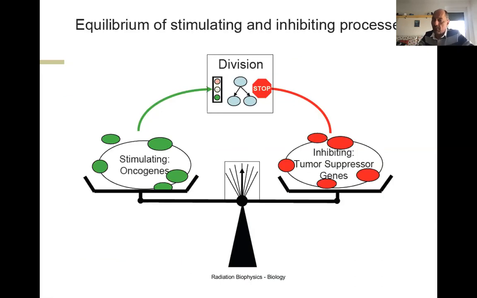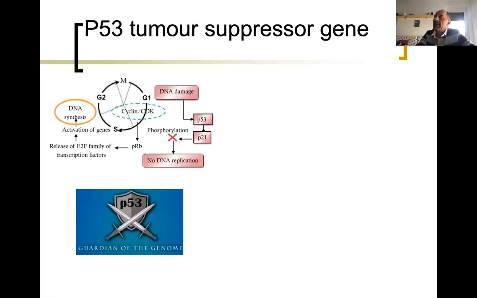One of the most famous tumor suppressor genes is actually a checkpoint gene, and it's called P53. P53 is very often called the guardian of the genome. P53 plays a key role in the G1/S transition, because every kind of DNA damage activates the P53 gene, which in turn activates P21.